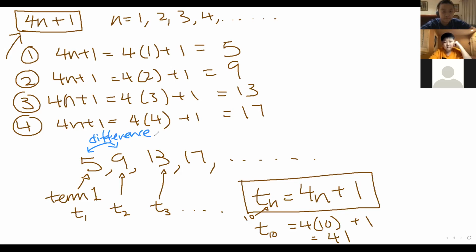Essentially, it's what do you have to add or subtract to get from the first number to the second number? In this case, the difference is 4. So if you're ever asked what is the difference between terms, this is just saying what has to happen to one term to get the next one.